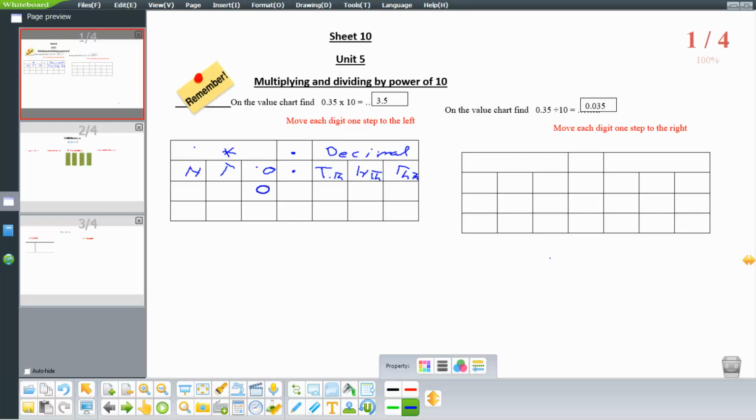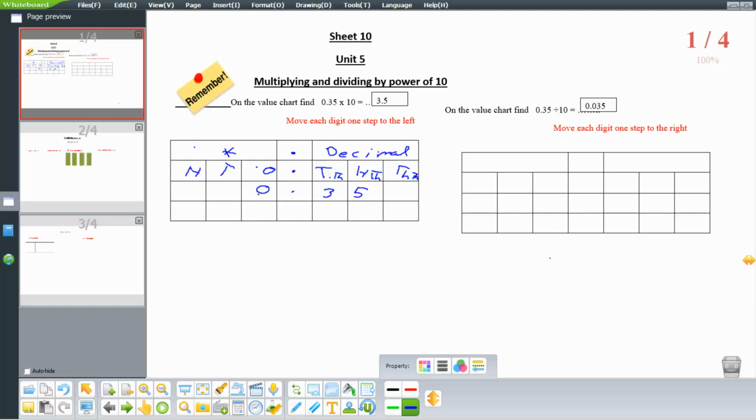Okay, so we are going to write the number. Here we don't have 1, so we have 0. And here we have 3, and here we have 5. So if I use the place value chart, we are going to move the digits according to this number. How many zeros? 1 zero, so we are going to move it 1 decimal place. To the left or to the right? Yes, we are going to move it to the left.